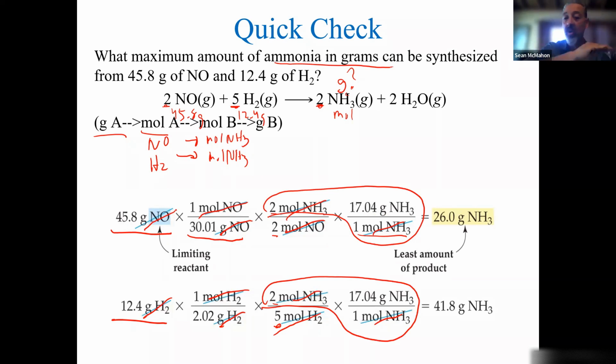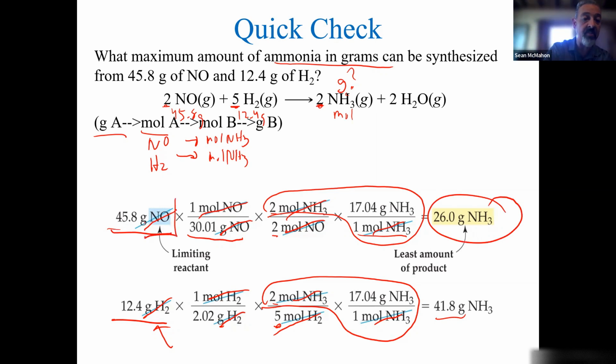I always tell students, write everything out and then grab your calculator and punch the numbers because that'll actually save you a little bit of time. But when I perform the calculation, I see the smaller quantity between 41.8 grams of ammonia that could be produced by the 12.4 grams of H2, I see that the smaller quantity is actually the 26 grams of ammonia that's produced by the 45.8 grams of nitrogen oxide.